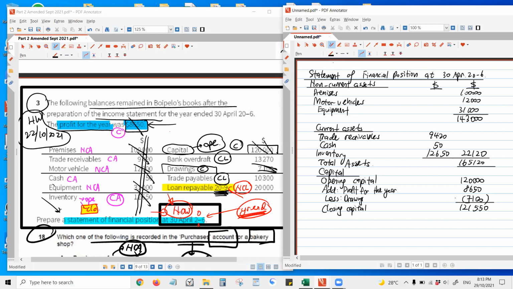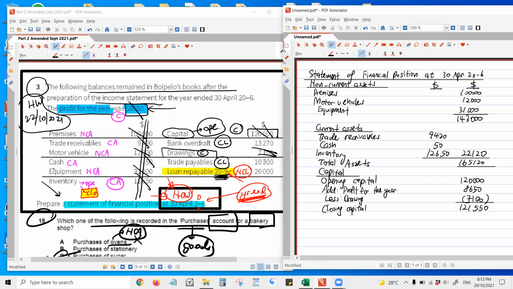Now let's continue. We are done with the asset section. We are done with the capital section. Now lastly, the liability section, because A equals C plus L, right? So now liabilities, always go and see whether you have NCL or not, non-current liability. If you don't have, then you skip the NCL section. But I see one here, loan repayable 20-9.